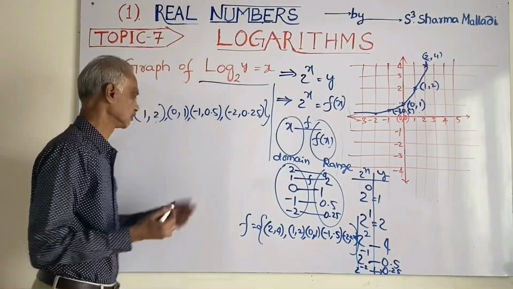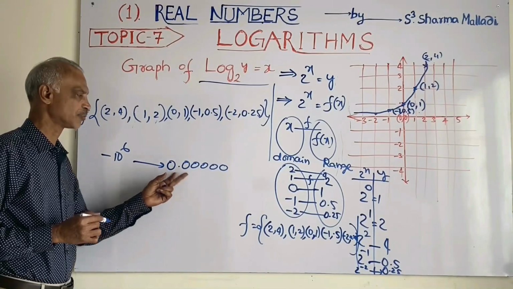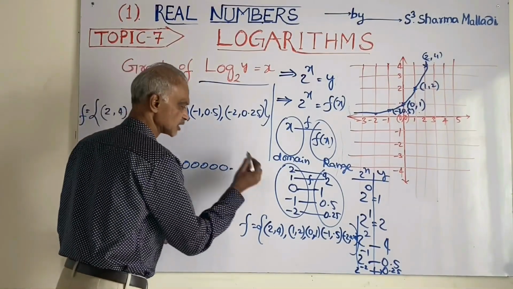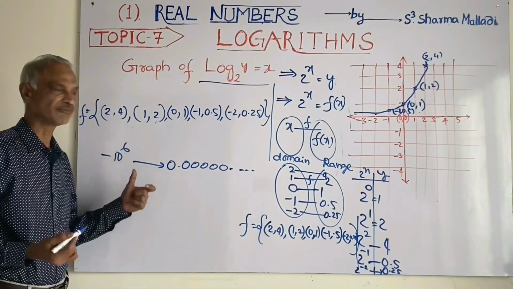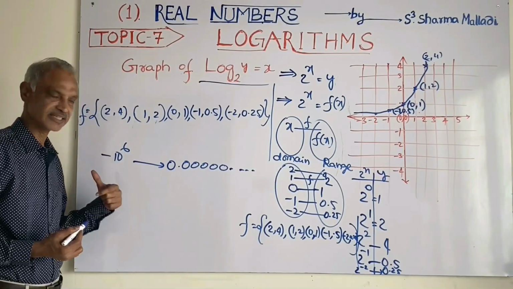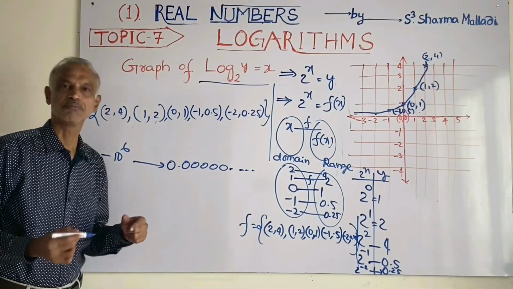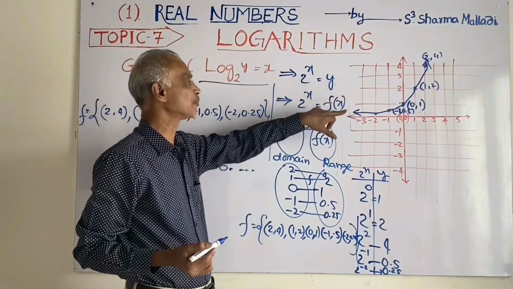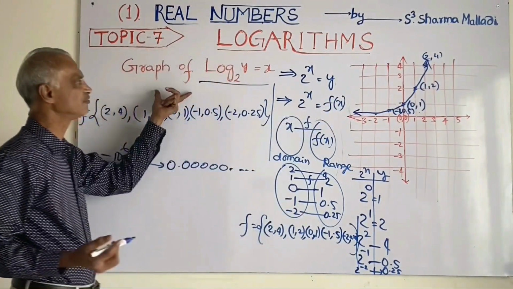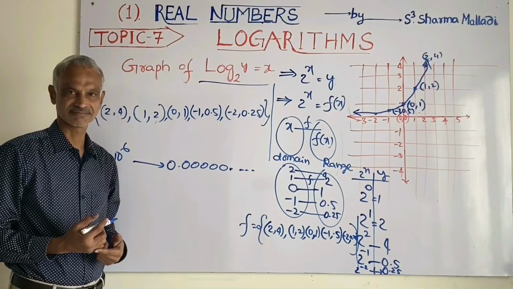If you take minus 10 to the power of 6, you will get 0.0000 something, but it is approaching 0. It approaches 0, but it doesn't become 0. Like you see in the graph, it is approaching 0. This is the graph of log y to the base 2 is equal to x.